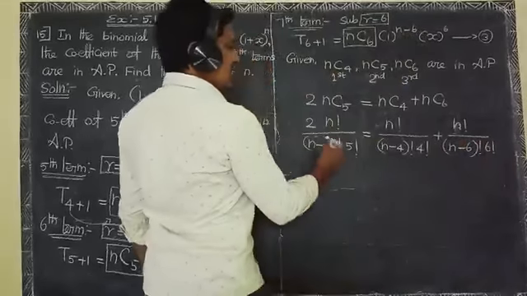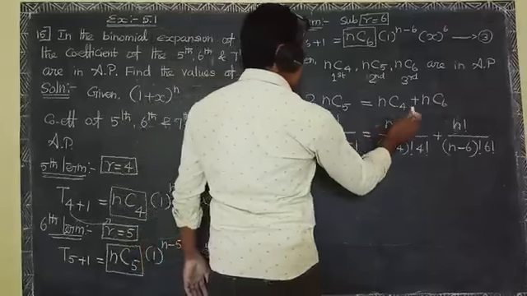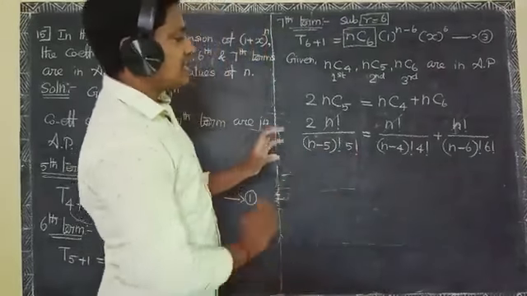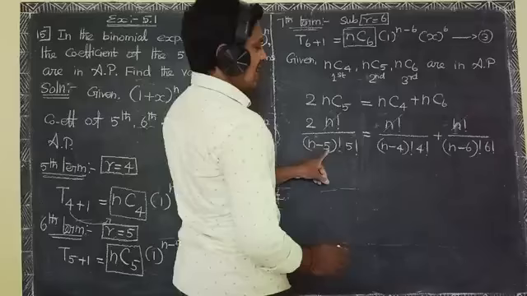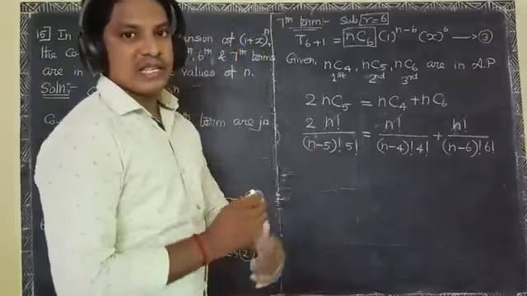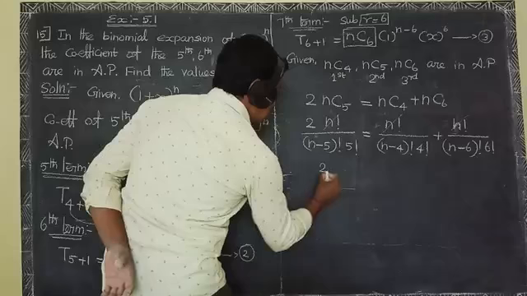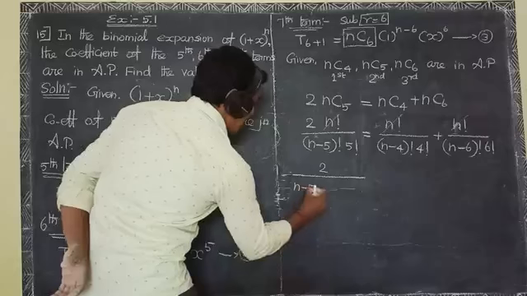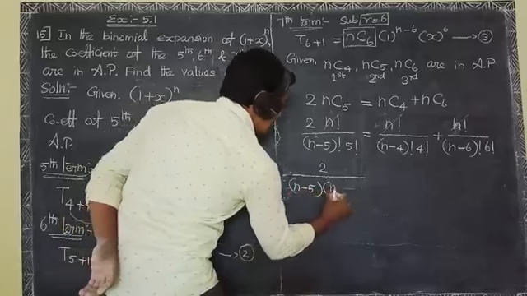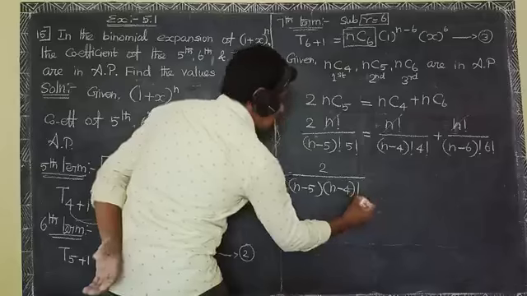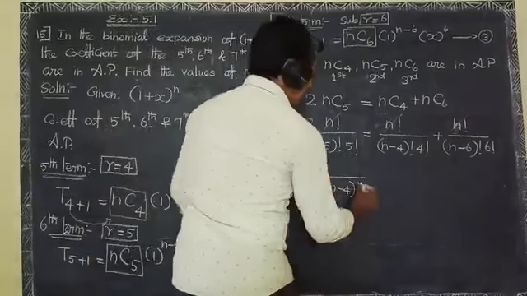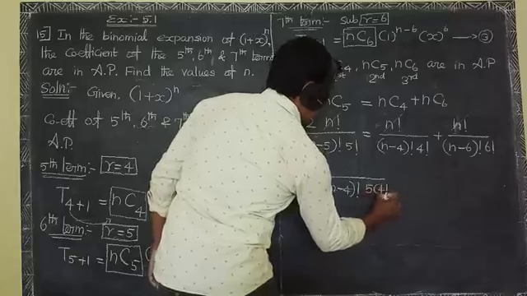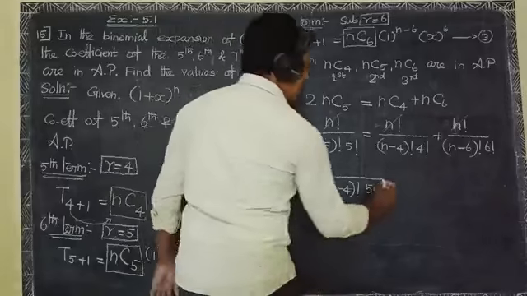Here the numerator n factorial terms are cancelled. Then the denominator (n minus 5) factorial changes to (n minus 5) into (n minus 4) factorial, that is 2 divided by (n minus 5) into (n minus 4) factorial. Then 5 factorial changes to 5 into 4 factorial.